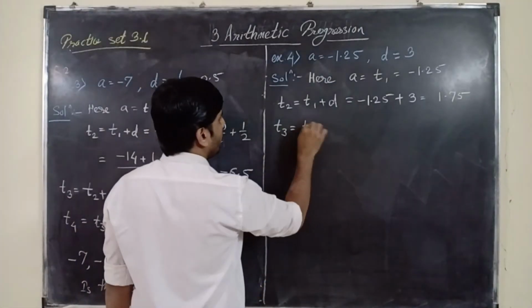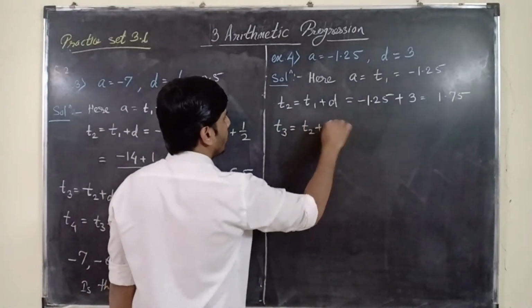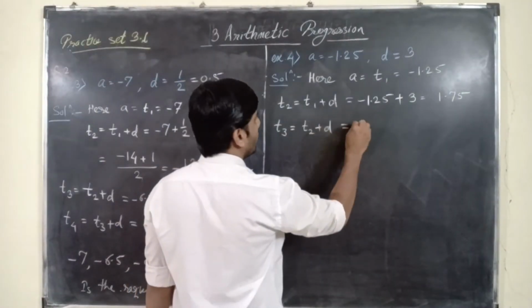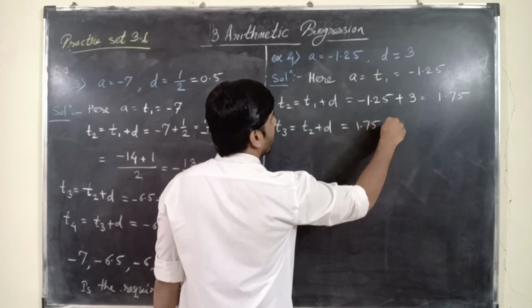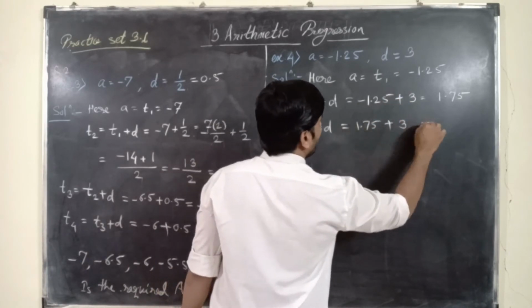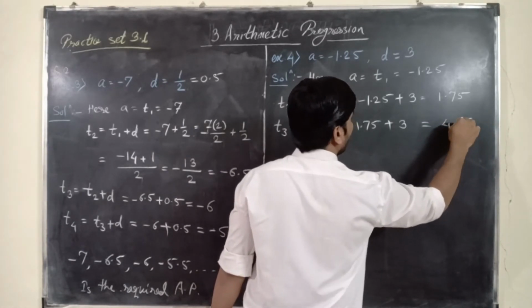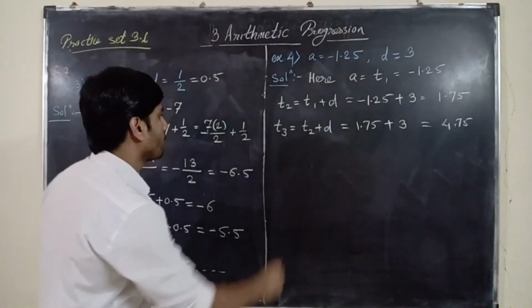Again to get T3 we will add T2 and D, then we will get T2 is 1.75 and common difference is 3. So 3 plus 1 will become 4.75 as it is.